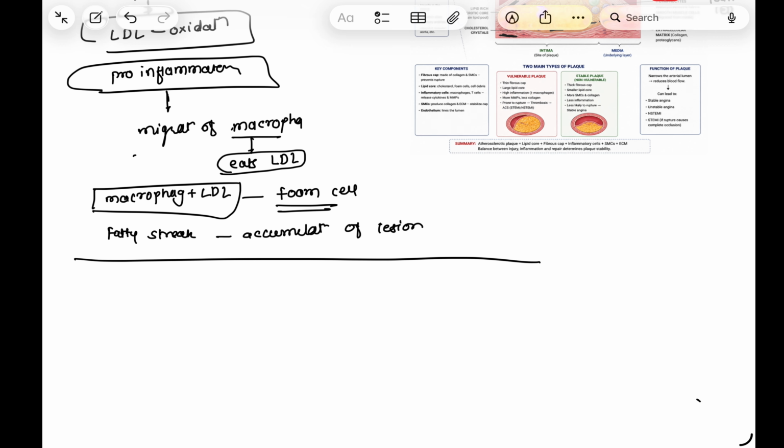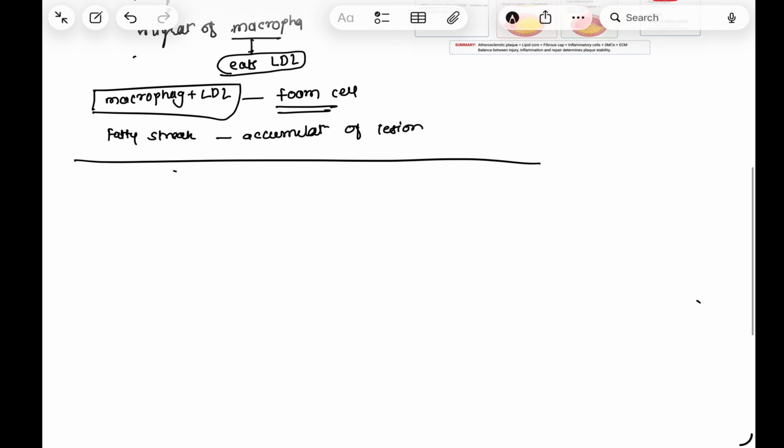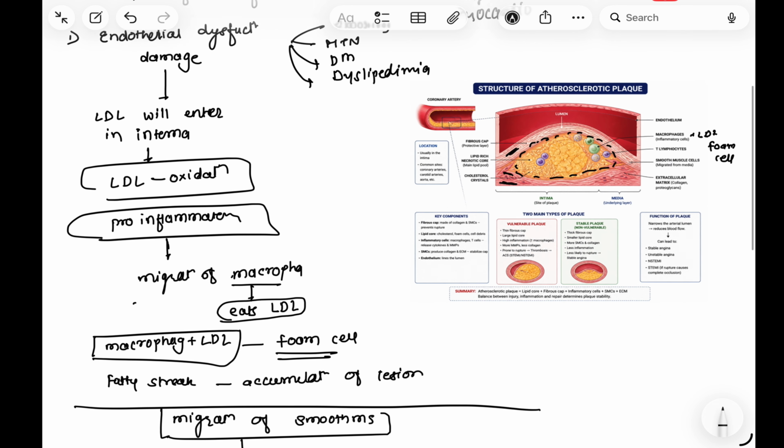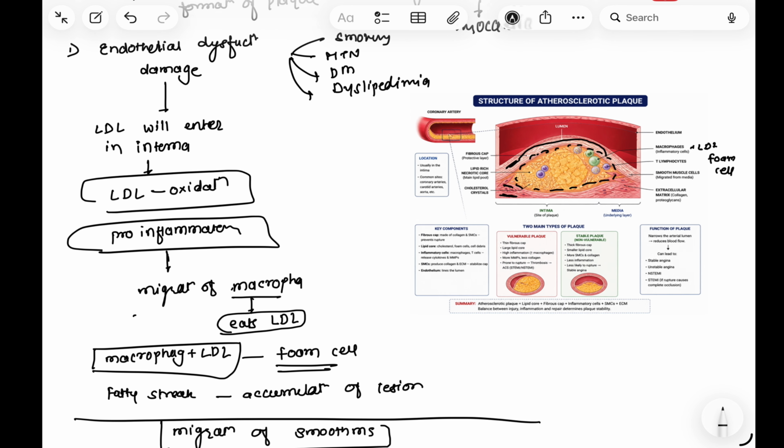After the formation of this fatty streak, there is a migration of smooth muscle. Smooth muscle migrates in order to heal. After smooth muscle migration, there is a formation of the fibrous cap. See, so this is the fibrous cap which is formed due to the smooth muscle migration.